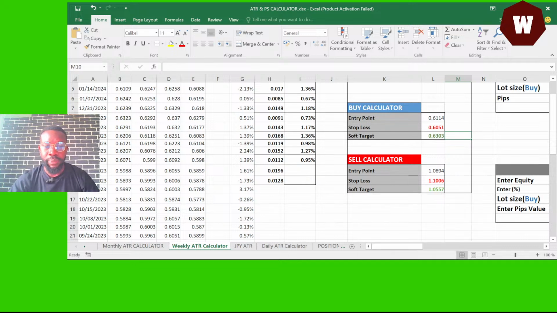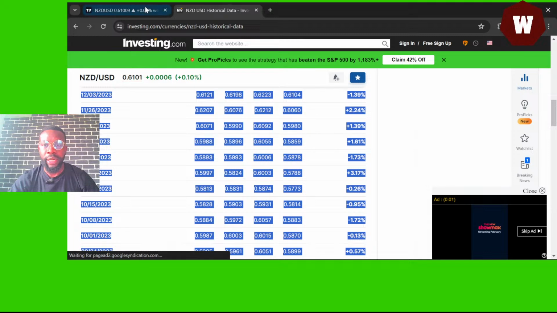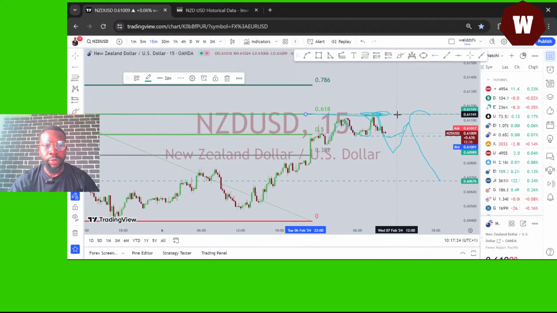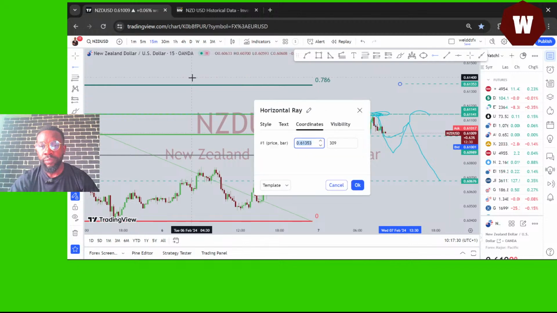So let's visualize that. So for this currency pair, if we take the trade here, stop loss is going to be kept at 0.6051.